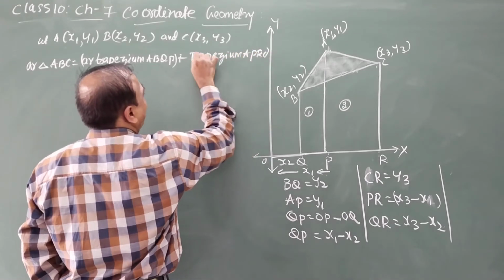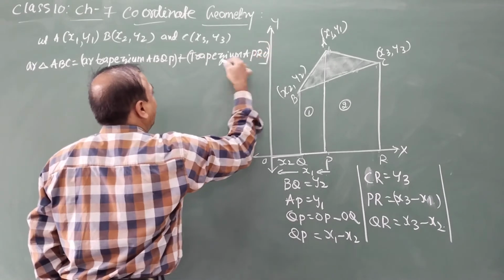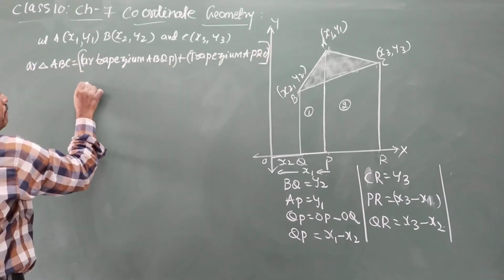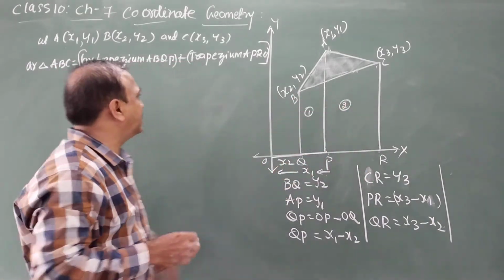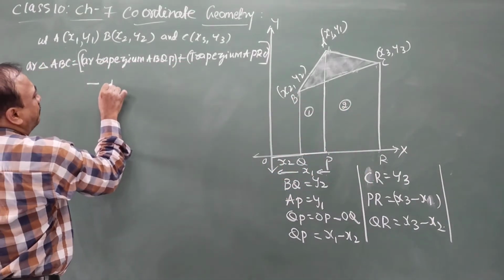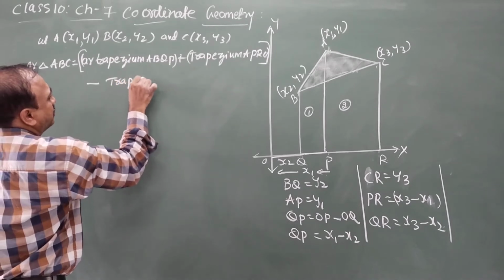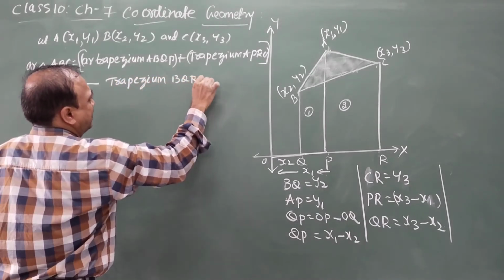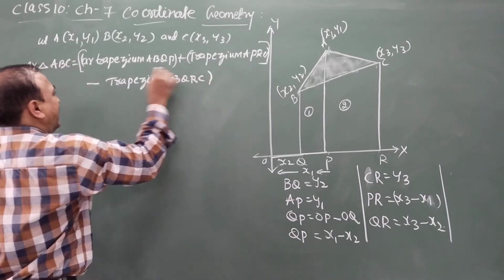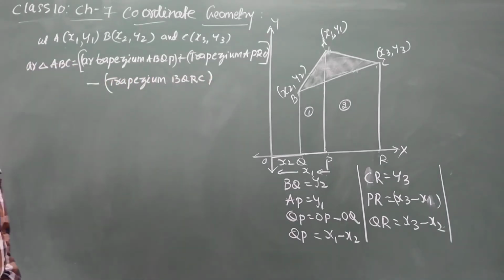From this total, we subtract the area of the trapezium BQRC, and then we get the area of the triangle.